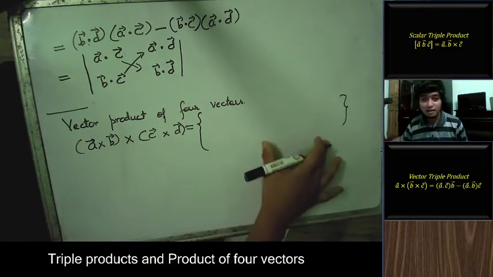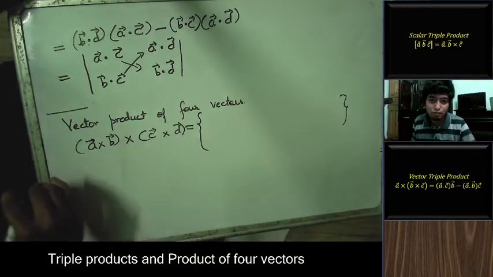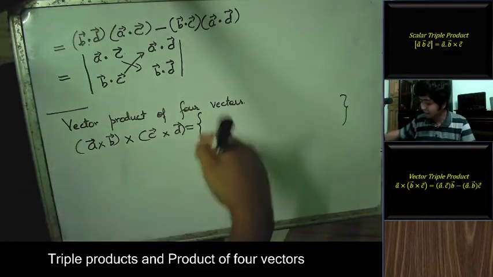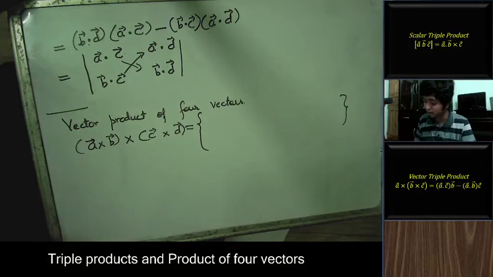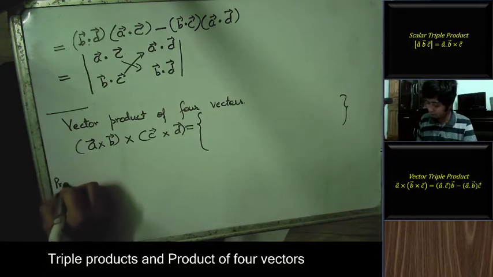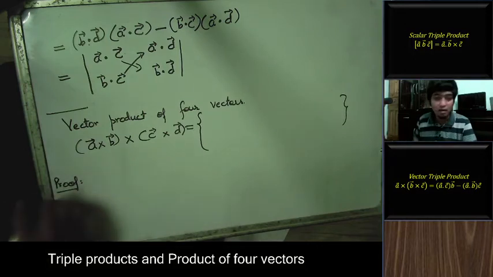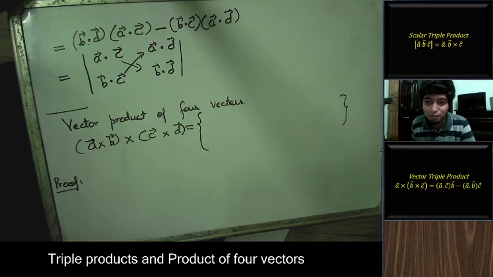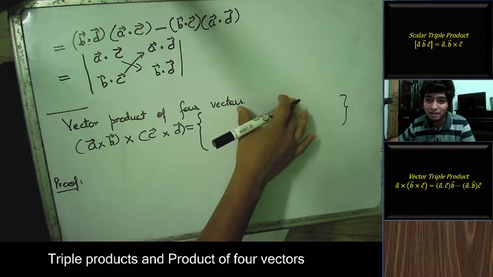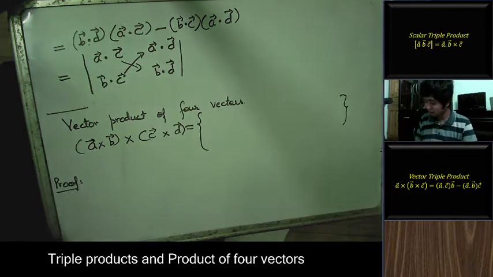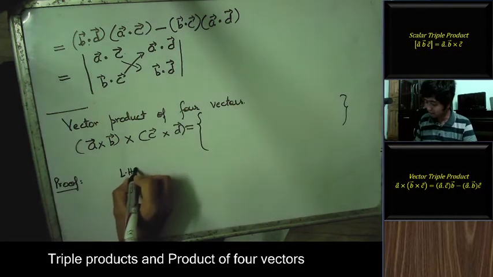I will not write them down right now, but what I want you to see is that we can easily fill in what these are just by doing the derivation. I will do the proof. Right now you may be thinking, what should I prove? I will prove the formula, and then fill in the formula afterwards. Again, we will start with the left hand side.